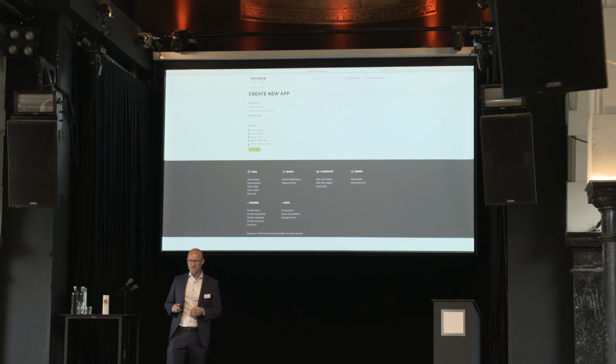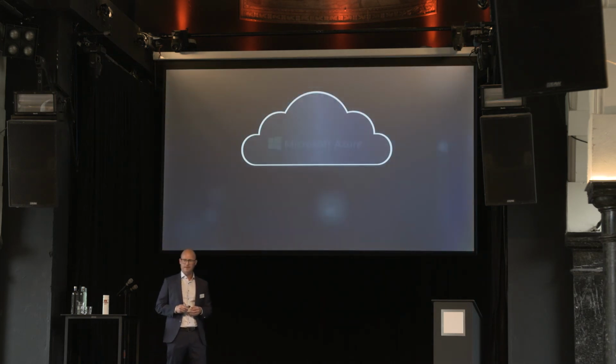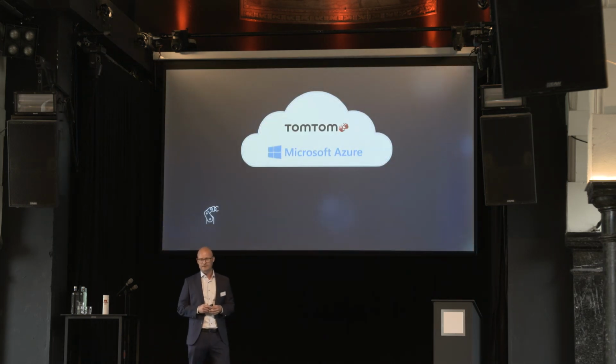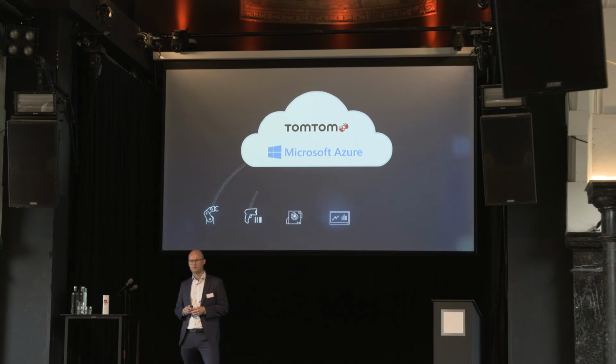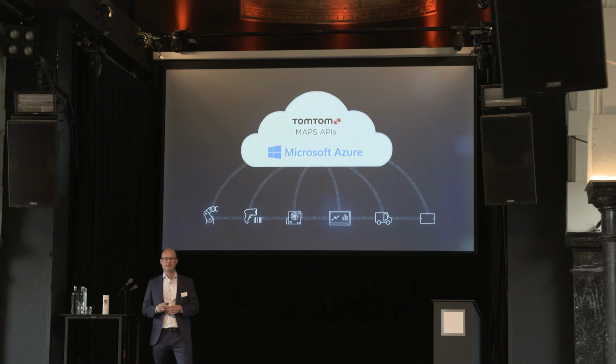The other area, as I mentioned, is the enterprise area. And one specific contract I want to highlight is our contract with Microsoft. We started our contract with Microsoft a while ago, where we, as TomTom, announced we were putting our Maps APIs in Microsoft's cloud, Azure, which basically means that all the Microsoft internal developers have access to the APIs.